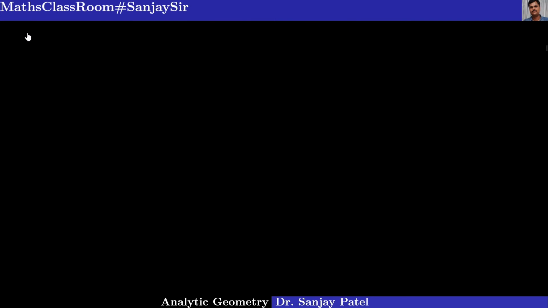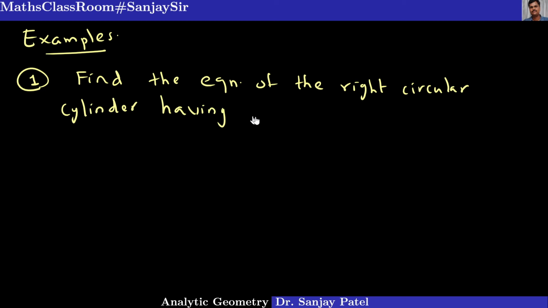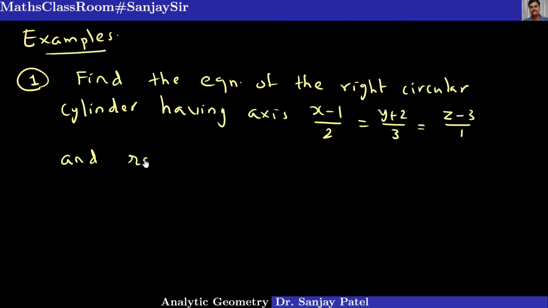The first example is this: find the equation of the right circular cylinder having axis as the line (x minus 1) upon 2 is equal to (y plus 2) upon 3 is equal to (z minus 3) upon 1, and the radius is 4 units.